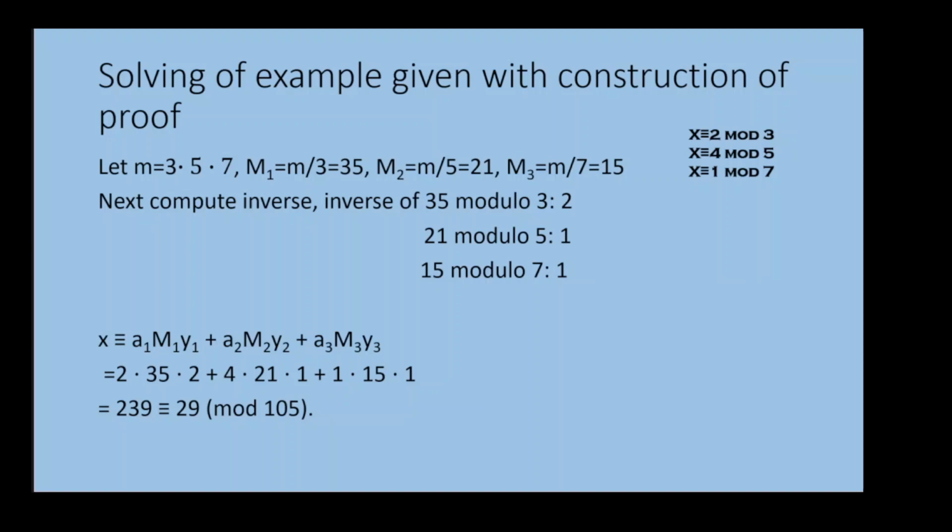Therefore, we can find that the possible value of x is 105k plus 29.